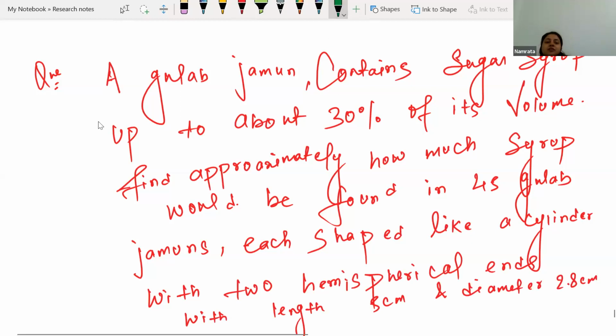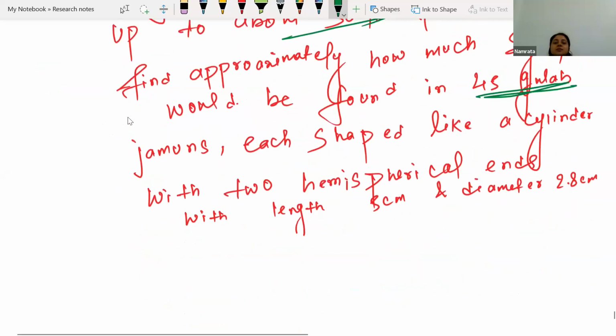So here we are having a gulab jamun that contains sugar syrup up to about 30% of its volume. Find approximately how much syrup would be found in 45 gulab jamun. What's the shape of the gulab jamun? It's shaped like a cylinder with two hemispherical ends.